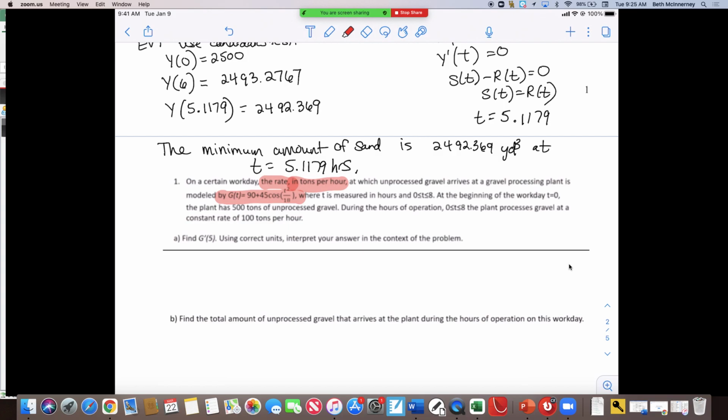So it's coming in. So the G of T is the coming in, and the 100 is the going out. Okay, so there's my rate in and my rate out. So it says find G prime of 5. So you can actually do this on your calculator, okay?